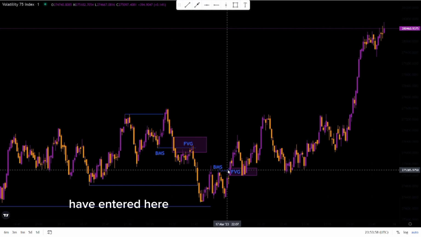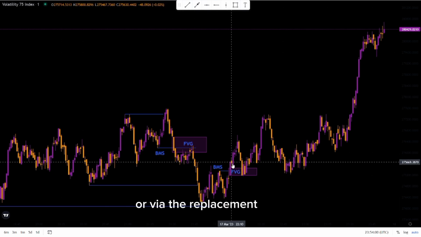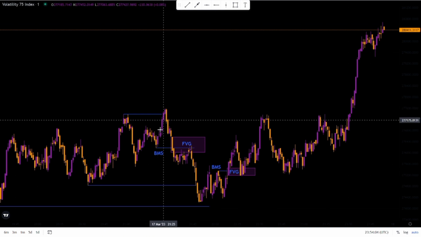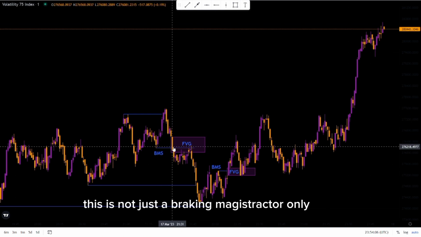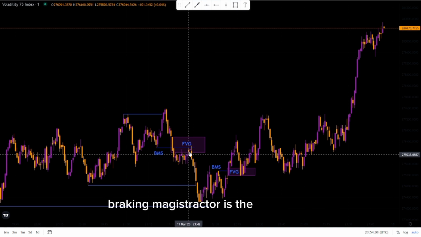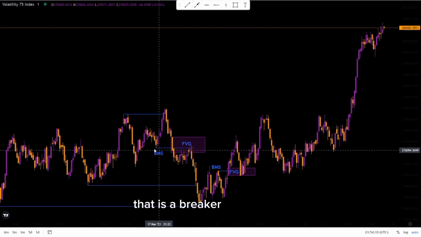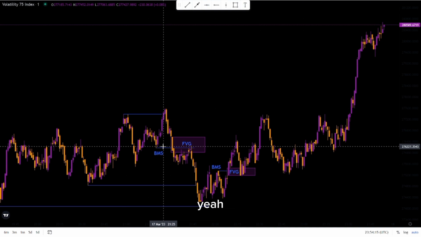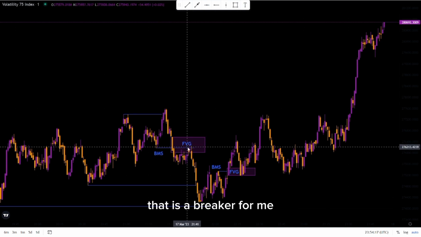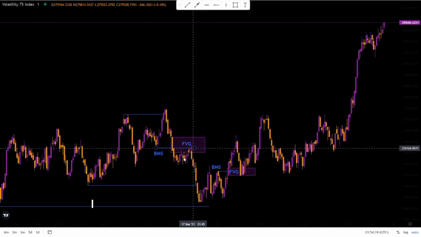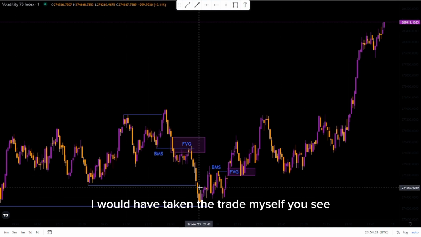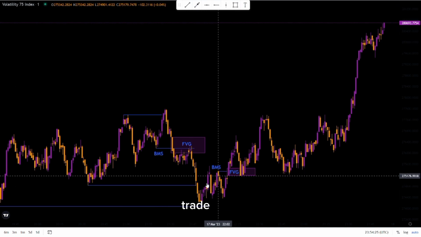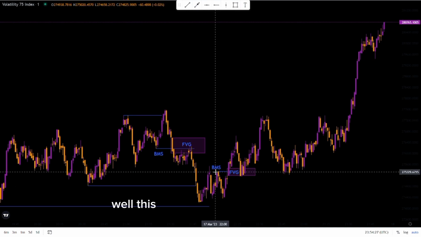If you would have entered here via the breaking market structure or via the retracement, and I forgot to mention, this is not just a breaking market structure only. Breaking market structure, yes. Retracement, that is a breaker for me. I would have taken the trade myself. And then what did the market do? Come back here, go up and create a low, go up. This is the highest high.